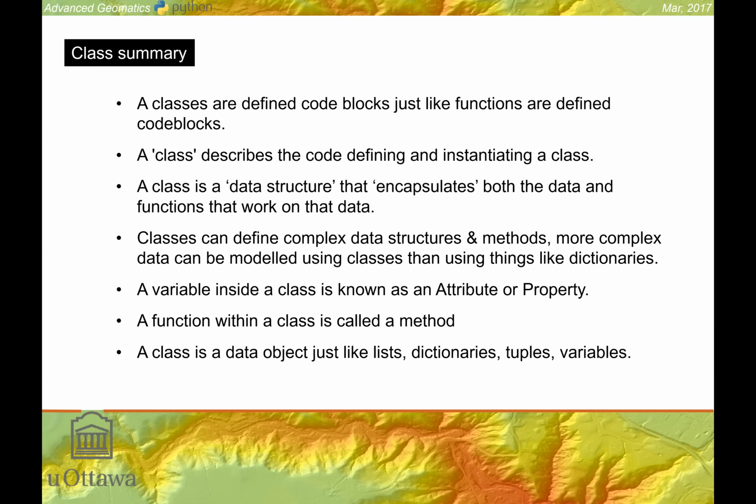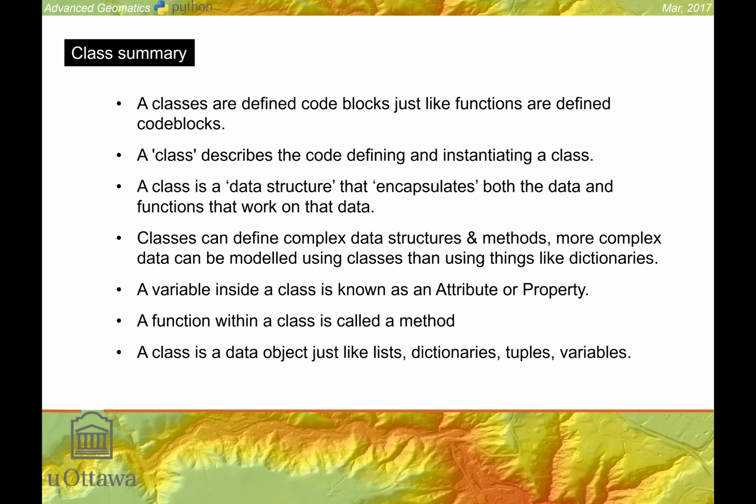Some classes just hold data in a structured way and have methods just to convert that data to different types. And in this way, classes encapsulate both data and functions that work with that data, called methods, inside the class definition. And they can be complex data structures and methods, and some classes are very complex.